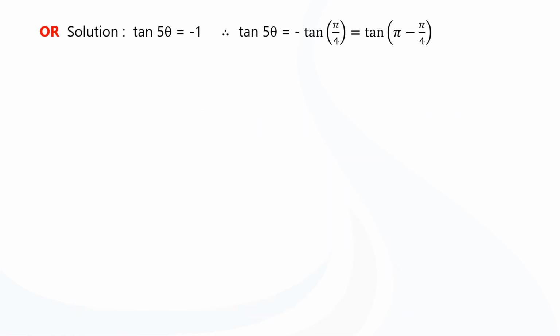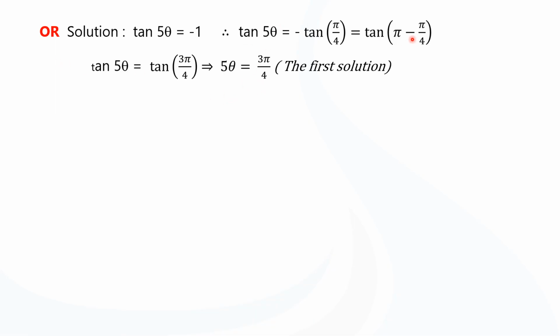We can even use the graph and get the solution directly without introducing the general formula. So tan 5 theta is tan 3 pi by 4, 5 theta is 3 pi by 4. So the first solution is theta is equal to 3 pi by 20. Now remember the period is what? Pi by 5. So the function repeats itself after that period.